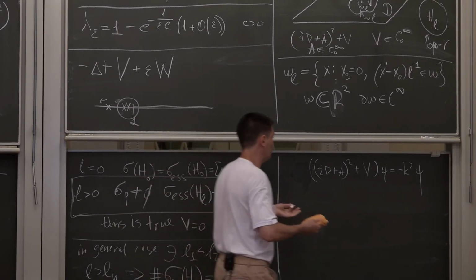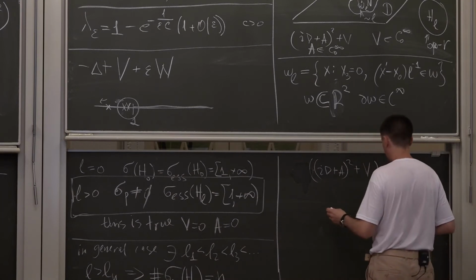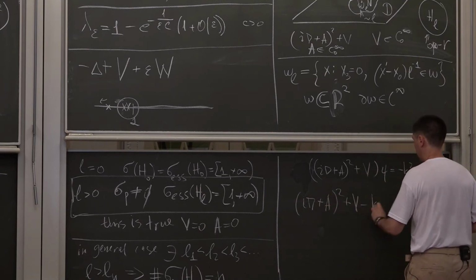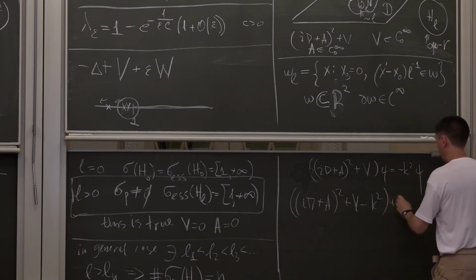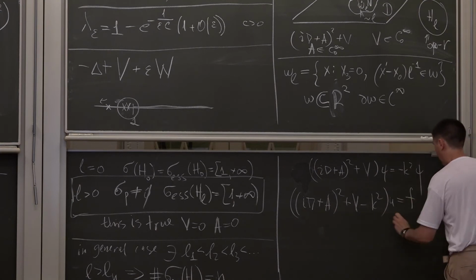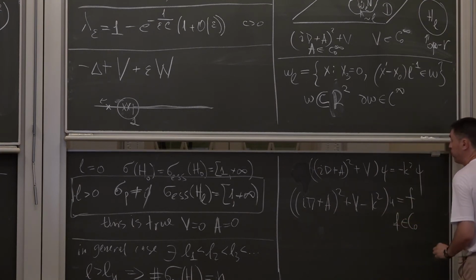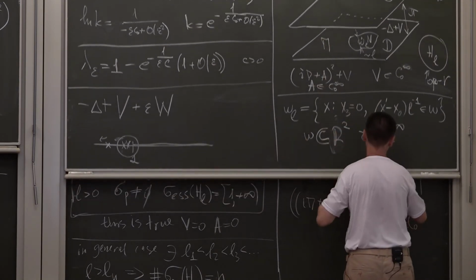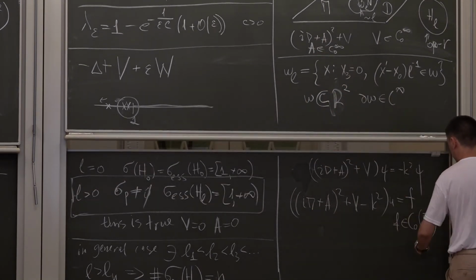Then, of course, what we should do is first we should understand the behavior of the solution to this problem, for F of compact support. Let this domain be Pi, so F in C0 of Pi.